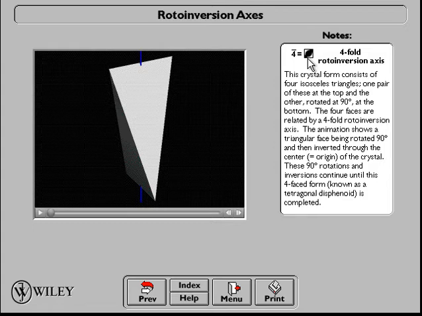is completed. Now we have here our crystal, and now we are making here a four-fold roto-inversion axis.